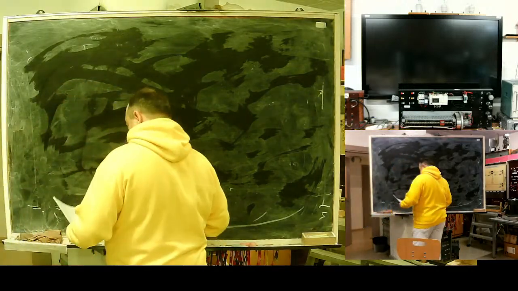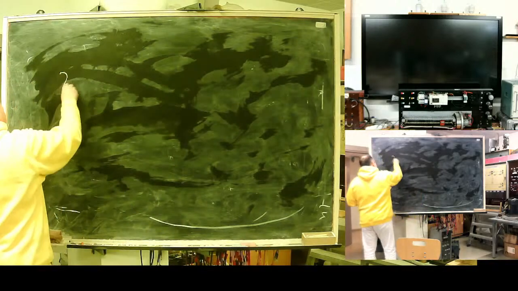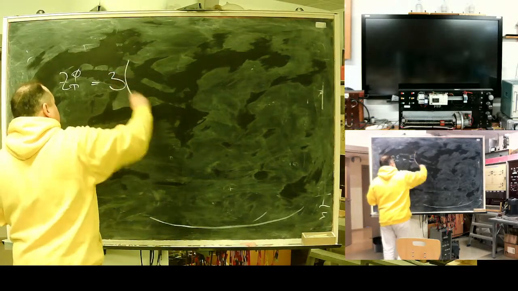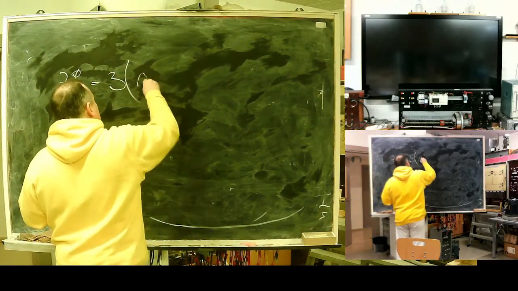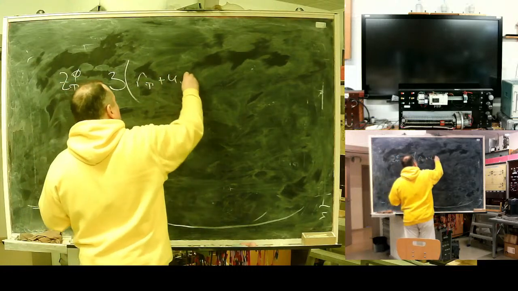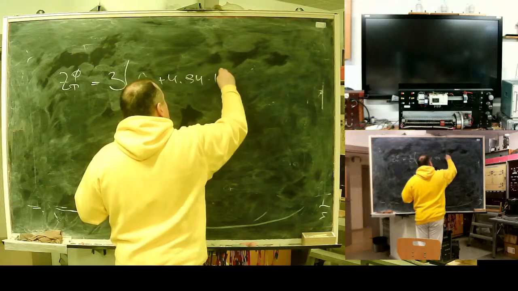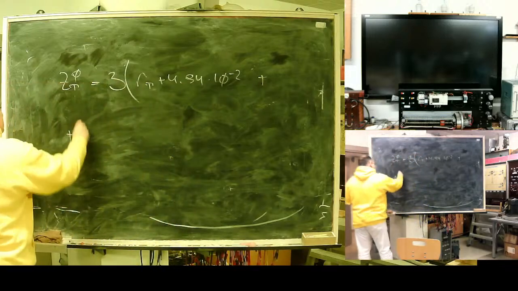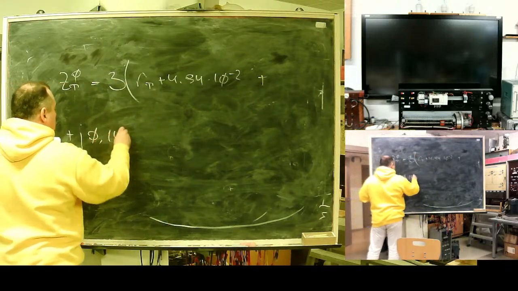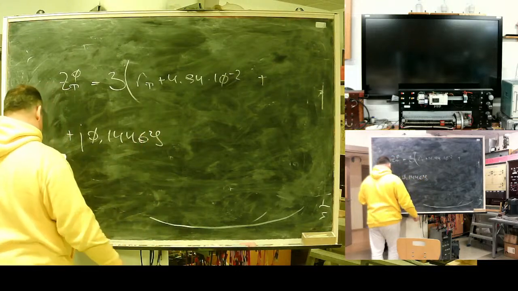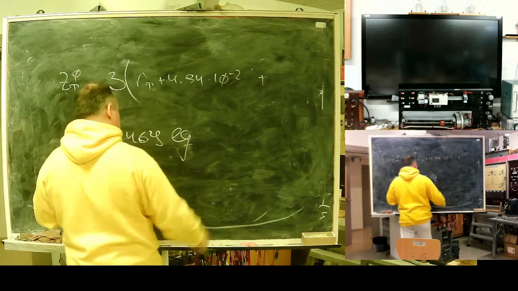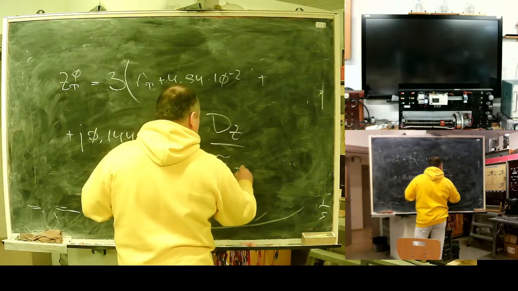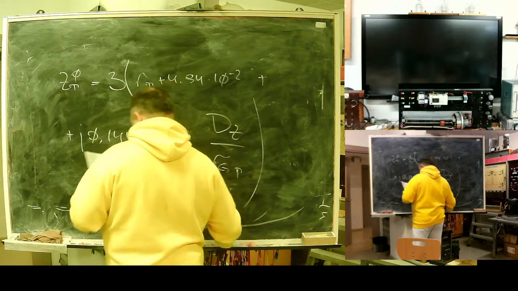So all resistance of my protected cable in zero sequence is 3 times cable ohm active resistance plus 4.94 times 10 to the power minus 4 plus j 0.14469 decimal logarithm of this divided by GMR for my cable.